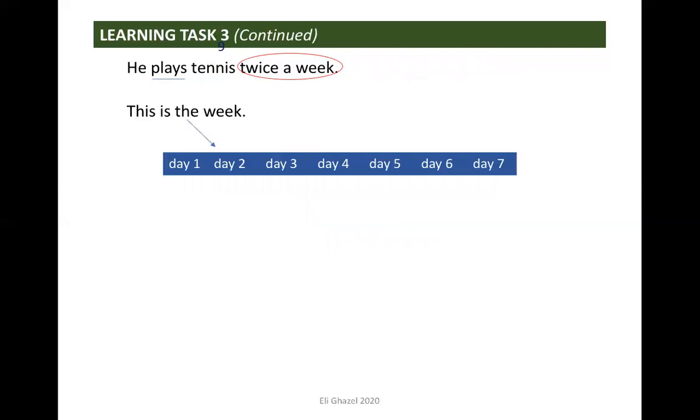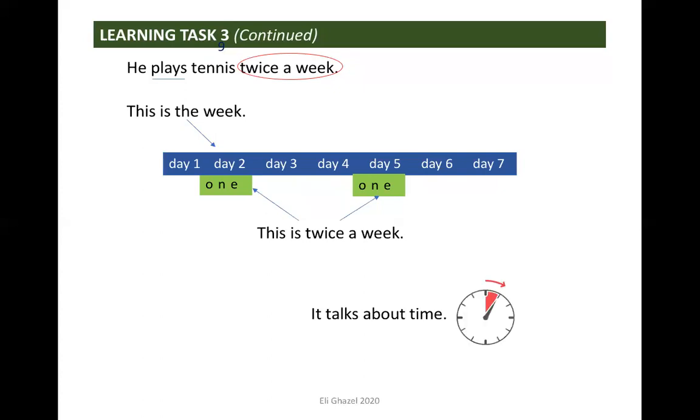If we have 7 days in a week, and he plays on day 2 and day 5, it can be on day 1 and day 7, it doesn't matter. That is twice a week, right? So we're still talking about time. We need to differentiate that some of these words are talking about time.